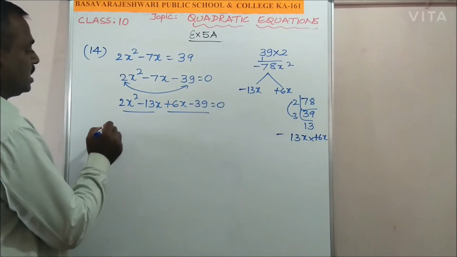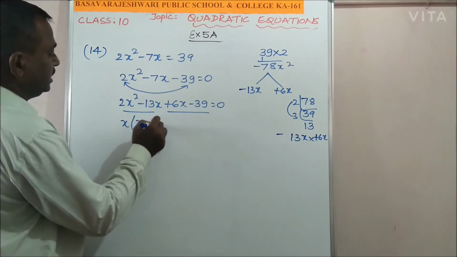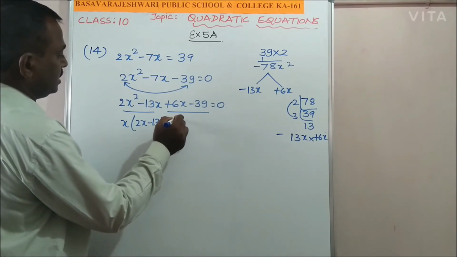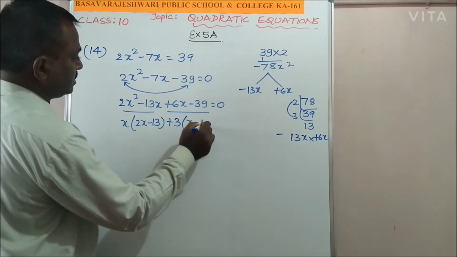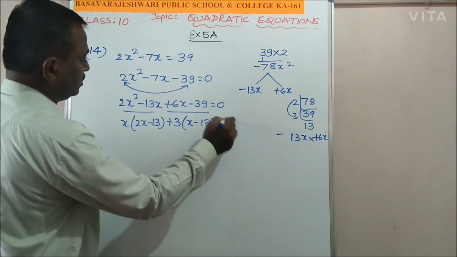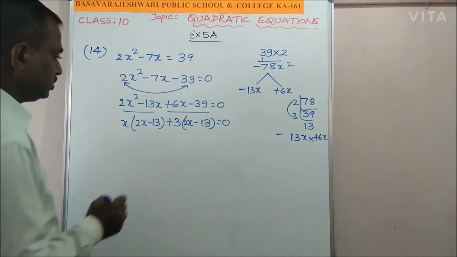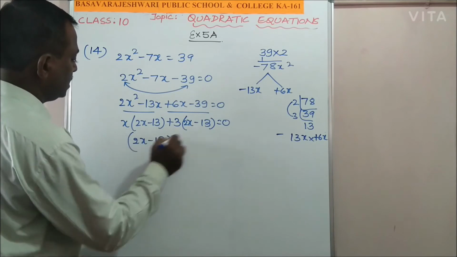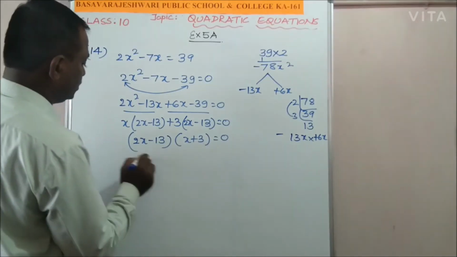So what is the common factor here? x. x into (2x minus 13) plus 3 common, (2x minus 13) is equal to 0. So 2x minus 13 is one factor, x plus 3 is another factor, is equal to 0.